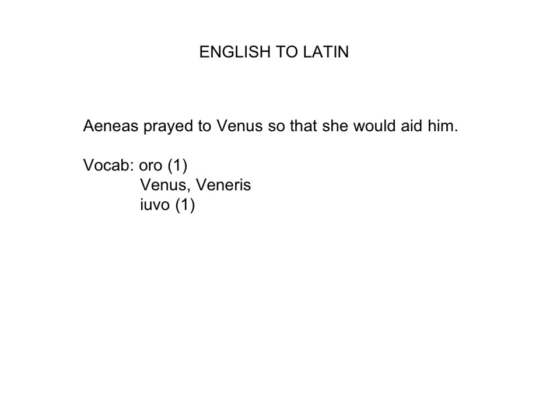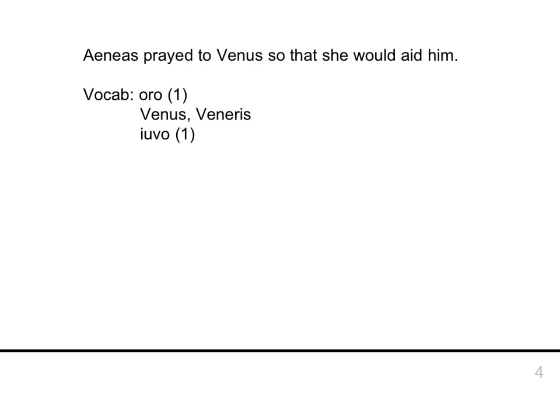All right, so what we're going to do is go through this word for word and figure out how to form this sentence. So Aeneas obviously is our subject, so let's start there. "Aeneas prayed." Well, clearly we're going to use the word oro, and also our direct object is going to be Venus. So oro is transitive, which means that it's going to take a direct object.